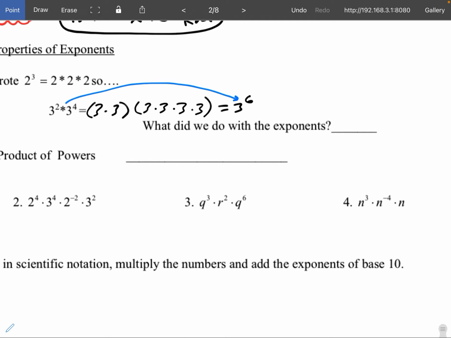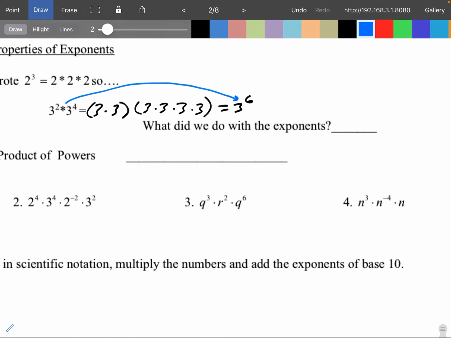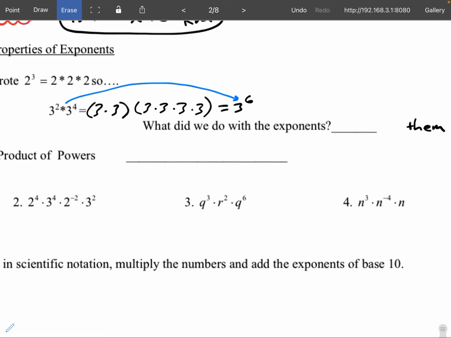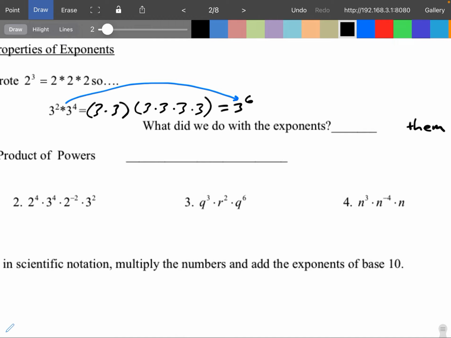What did we do with the exponents? We added them. That looks terrible. Let me see if I can write that a little neater. Yep, so we added them.